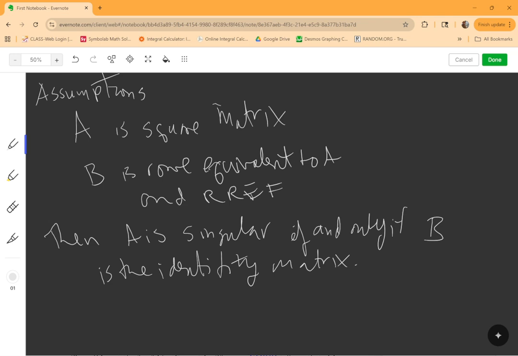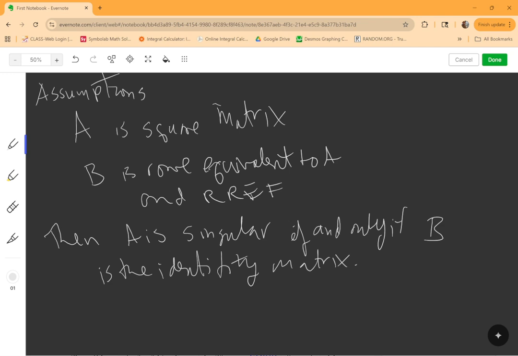This provides a very strong relationship between these two ideas. When we see that if and only if statement, that's much stronger than an if-then implication. So A is non-singular if and only if B is the identity matrix, where B is row equivalent to A and in reduced row echelon form.